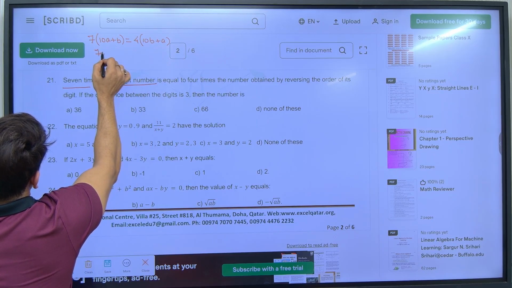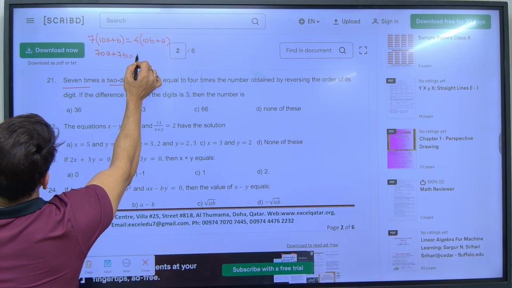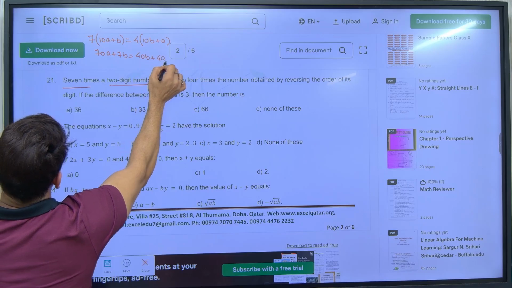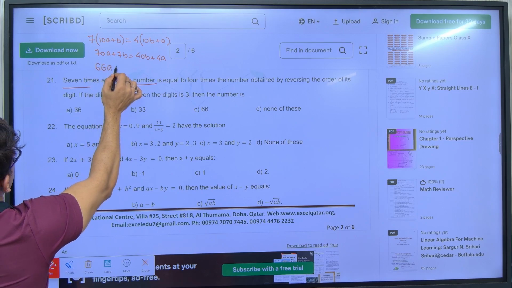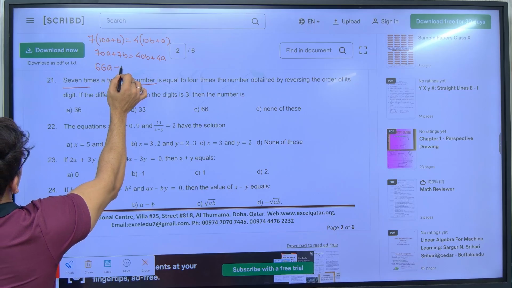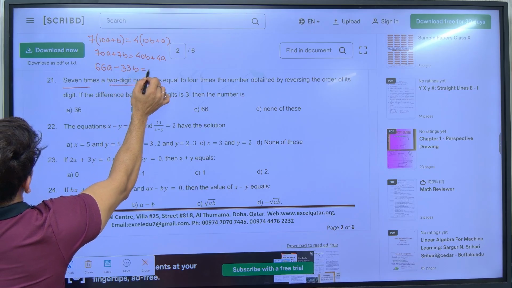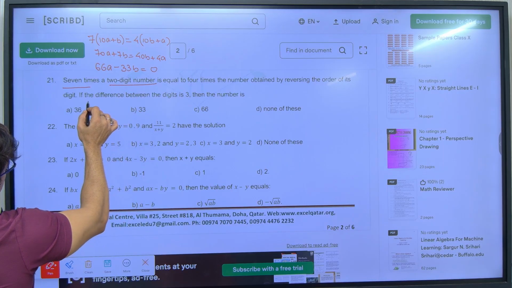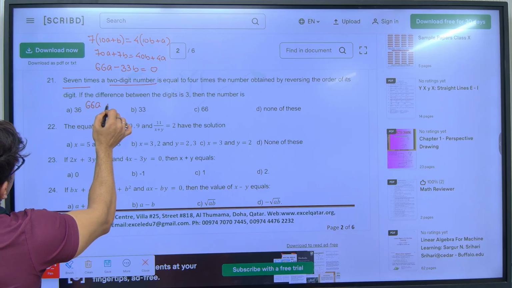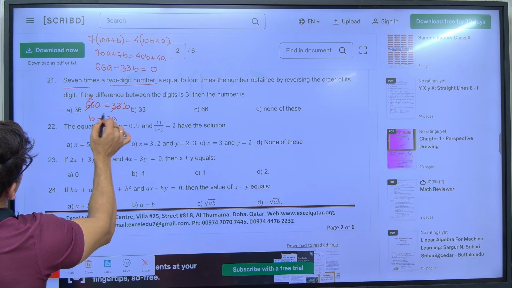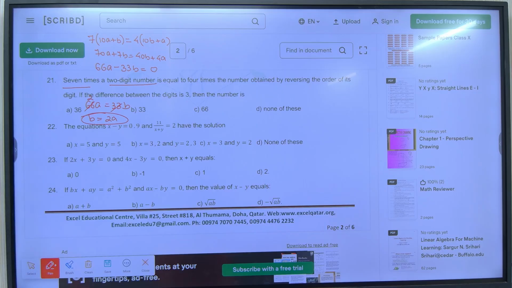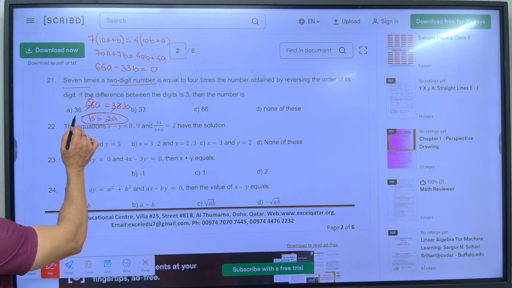When you solve this, it will be 70a plus 7b is equal to 40b plus 4a. 70a minus 4a is 66a. 7b minus 40b is minus 33b, equal to 0. Or you can also write 66a is equal to 33b. So b is twice of a. b is double of a.